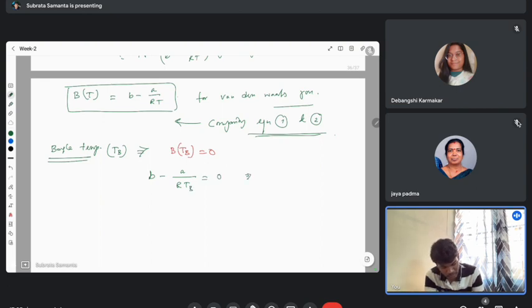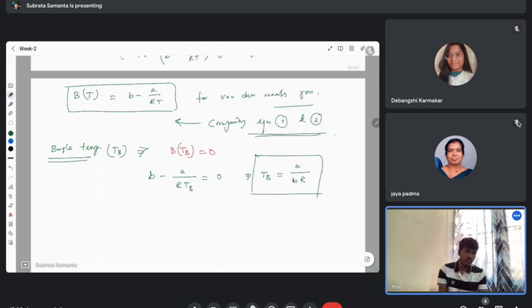So it implies that Tb is a by bR, a by bR, right? So once you know the values of a and b, we can calculate the Boyle temperature for van der Waals gas.